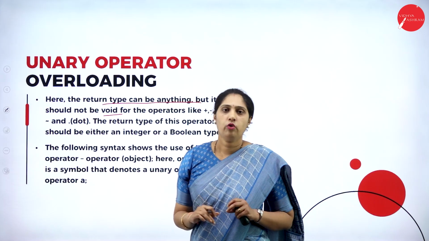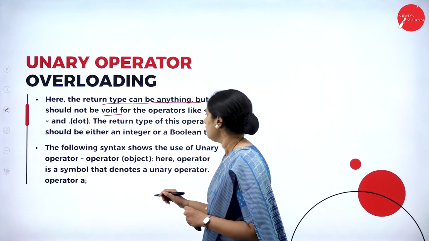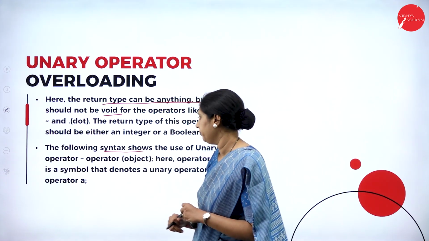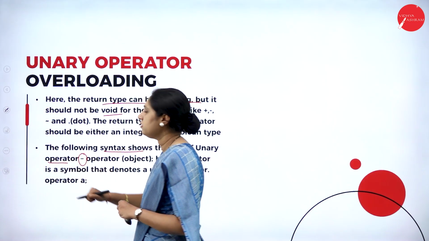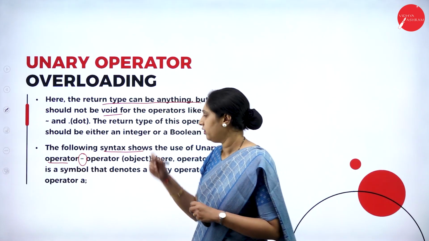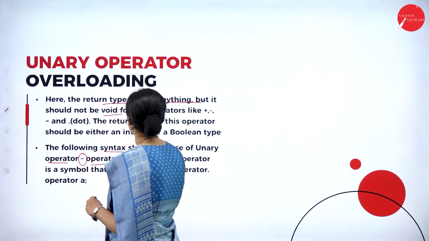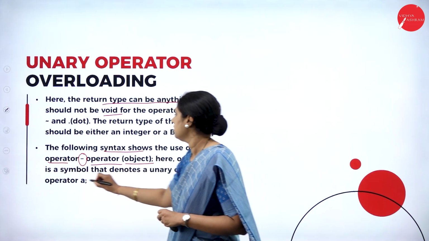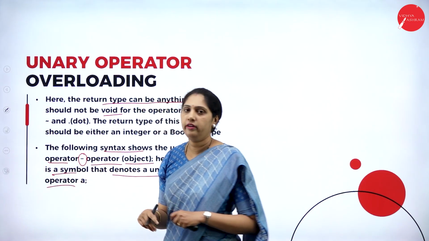So we should not use void for the unary operator. If I use a unary operator, I have to use the operator keyword, then the symbol that denotes a unary operator, and then the operator object.